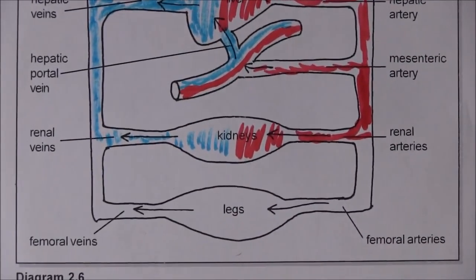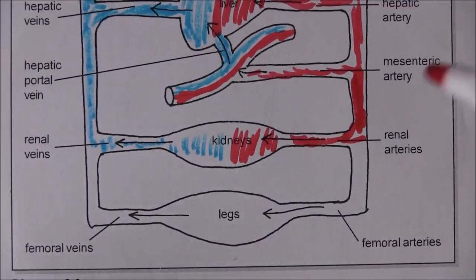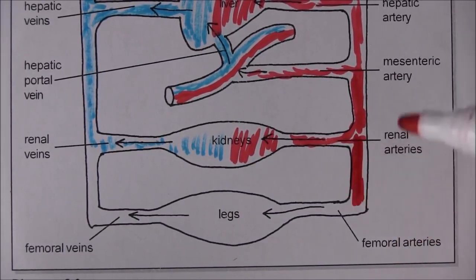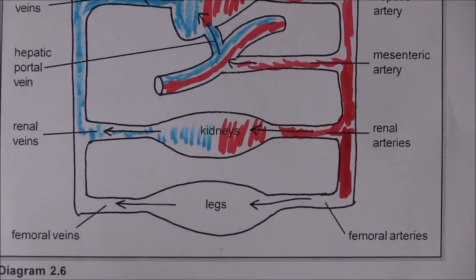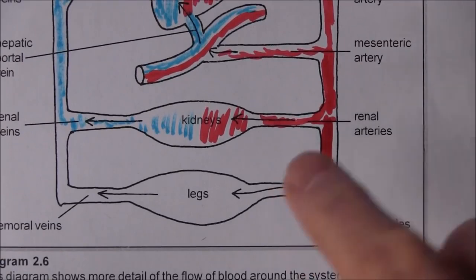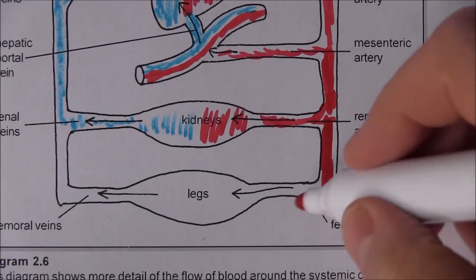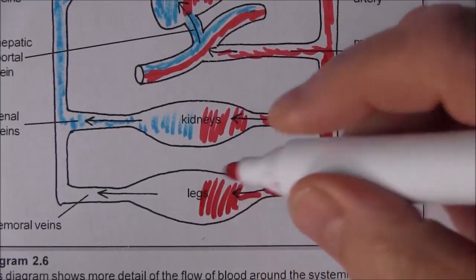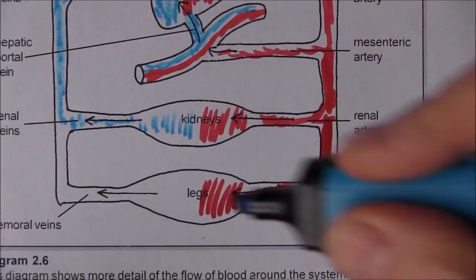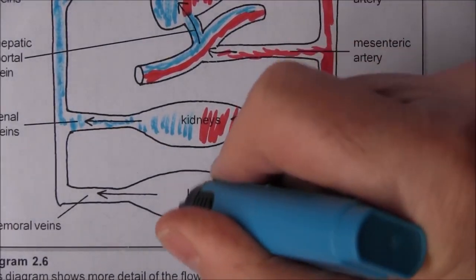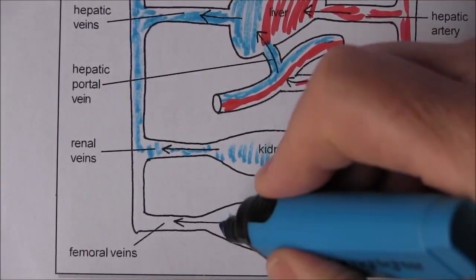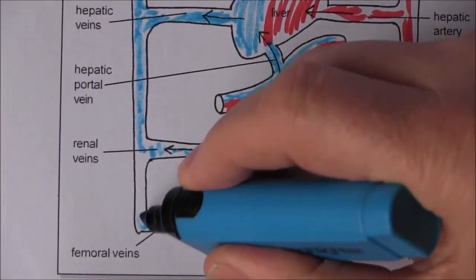And of course you want plenty of blood going to your legs so you can run and move around. So blood is going to go further down, and the main vessel taking blood into the legs are the femoral arteries, so they're taking blood to the legs. As the blood goes through the legs, it's going to give up some of its oxygen, collect carbon dioxide, then the blood is going to drain from the legs via the femoral veins.